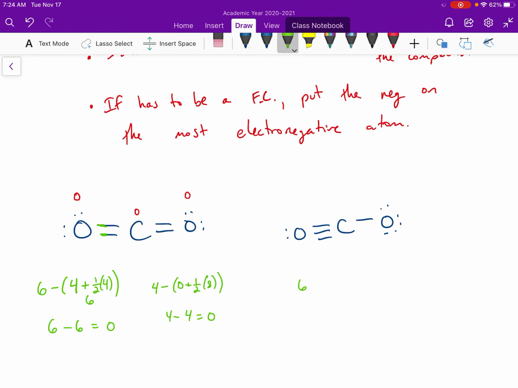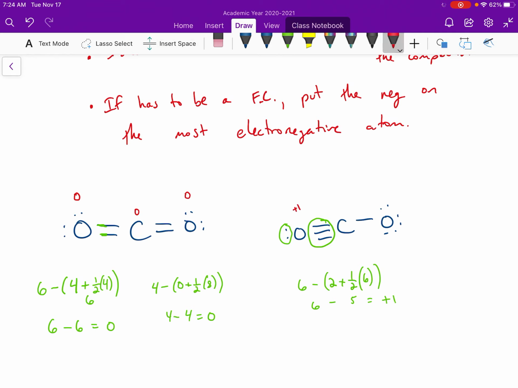Oxygen's valence is 6, minus its non-bonding electrons, which is 2, plus 1/2 of all of its bonded electrons, which are 6. So 2 plus half of 6 is 5, right? This is all 5. So 6 minus 5, positive 1.